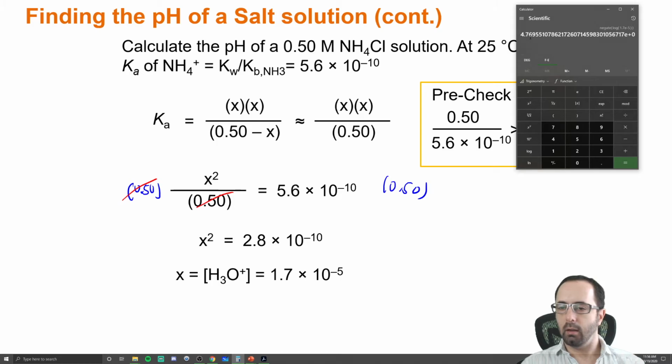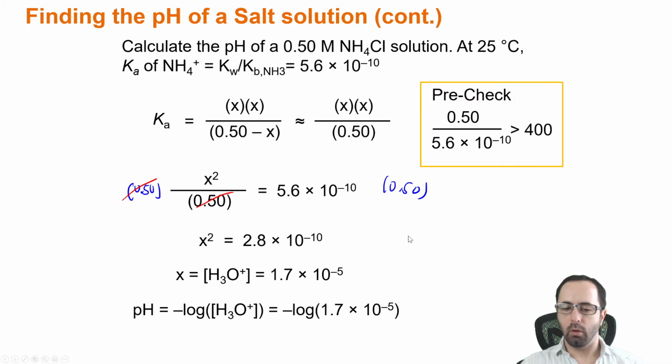So for that, we get 4 point, and remember, we want to write this with 2 after the decimal because we took the log of a number with 2 sig figs. So our result will be 4.77 for the pH. And that is the pH. And so that is how you find the pH of a salt solution.